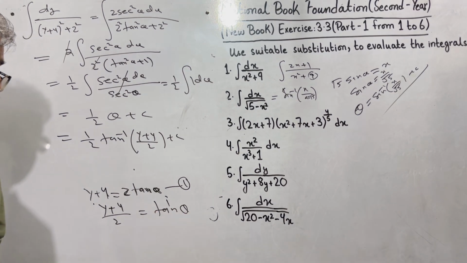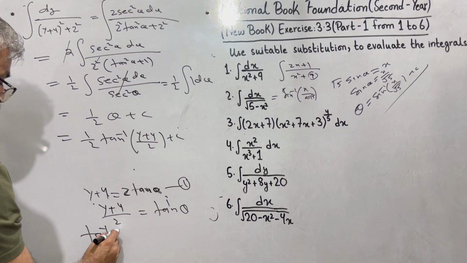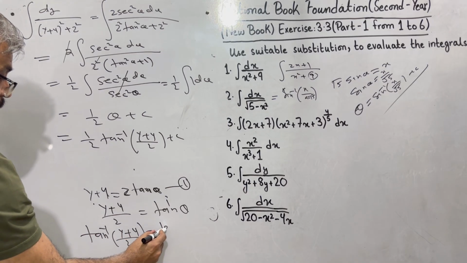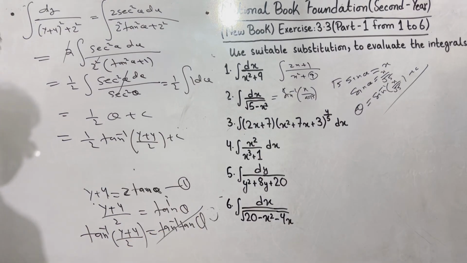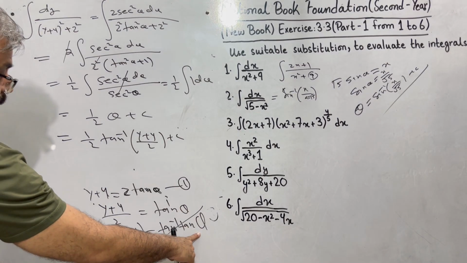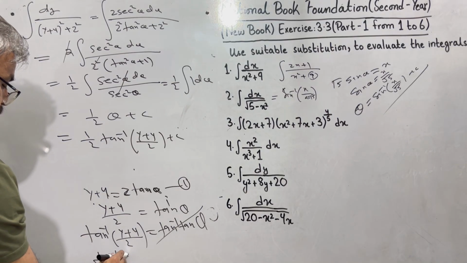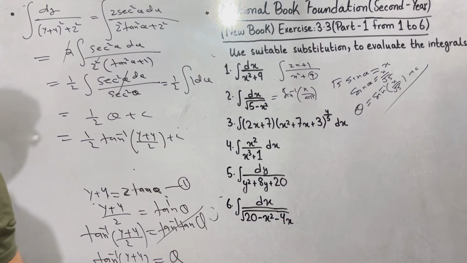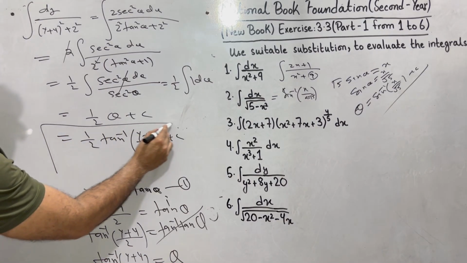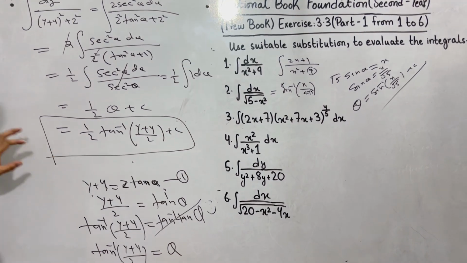In order to get rid of tan, introduce tan inverse on both sides. We have tan inverse tan theta, they are neutral, so we are left with tan inverse (y plus 4) over 2 as the value of theta. That I have managed for you here.